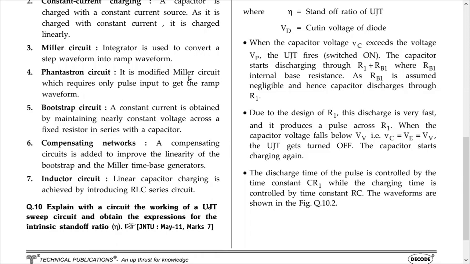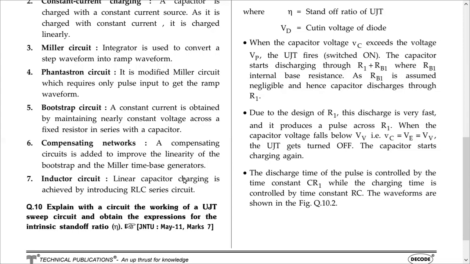Further, we can use some compensation techniques to further improve the linearity in the Miller and bootstrap circuits, so we can make use of compensation circuits. Then we can make use of RLC circuits, and using an RLC circuit we can ensure linear charging of the capacitor.